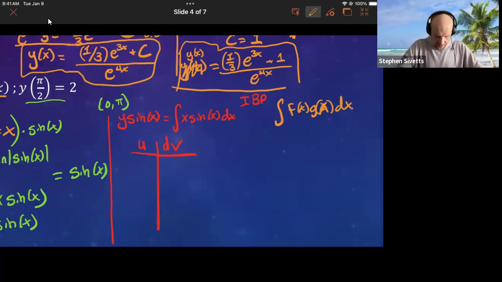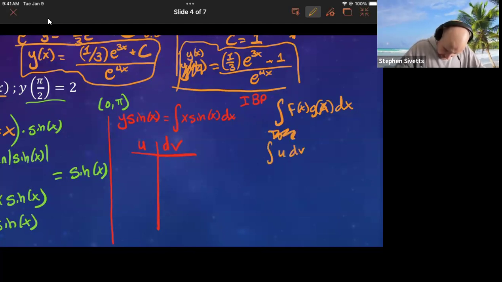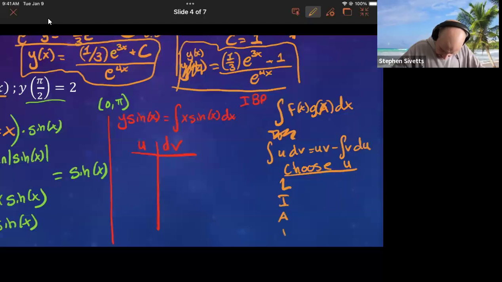And then to choose, so integration by parts, the formulation, right? The integral of u dv is equal to uv minus the integral of v du, right? And then to choose u, I like to use this acronym called LIATE, right? L stands for logarithms. I stands for inverse trig functions.